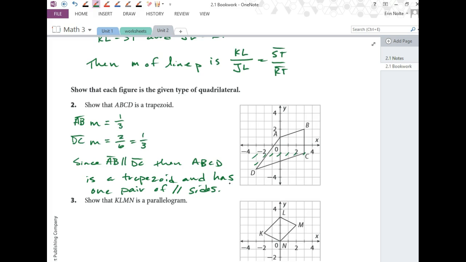Okay, and we don't even need to check the other two. All we need is one pair. Okay. Everybody good on that one? Okay.